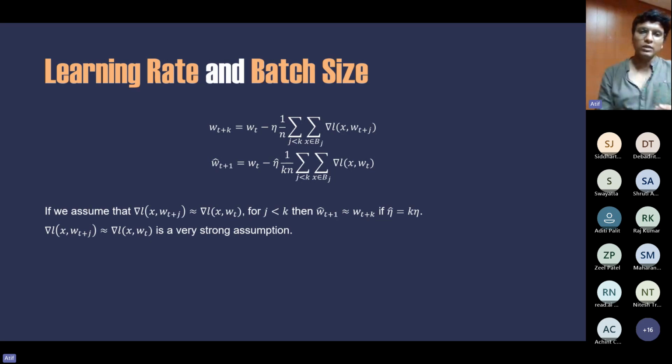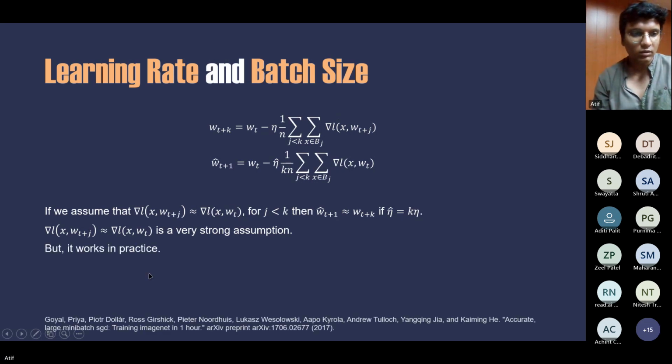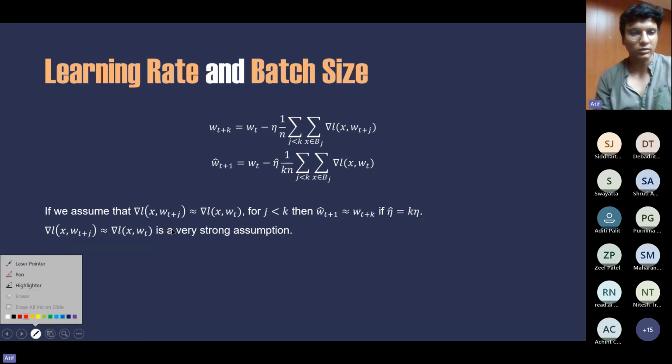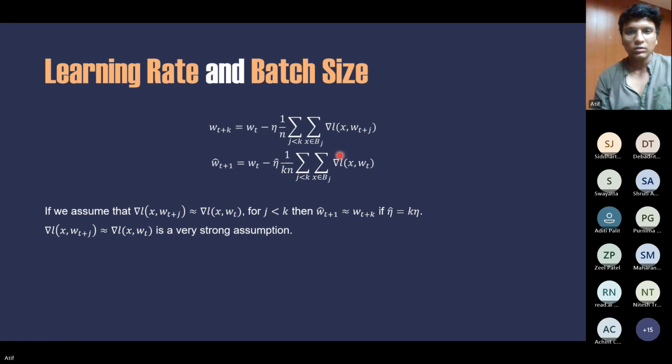Now, if we assume that gradient of the loss of x with respect to wt plus j, so the last gradient, is equal to gradient of loss of x wt. So basically, if you look at this part, I have a pen. So if I just essentially say that these two parts are the same, right?